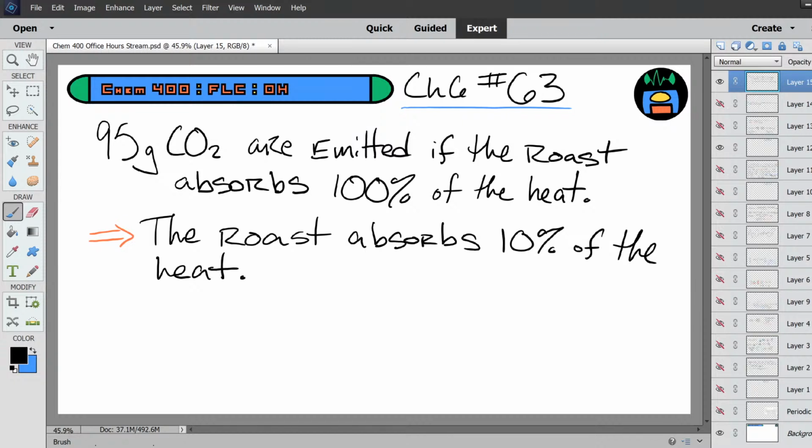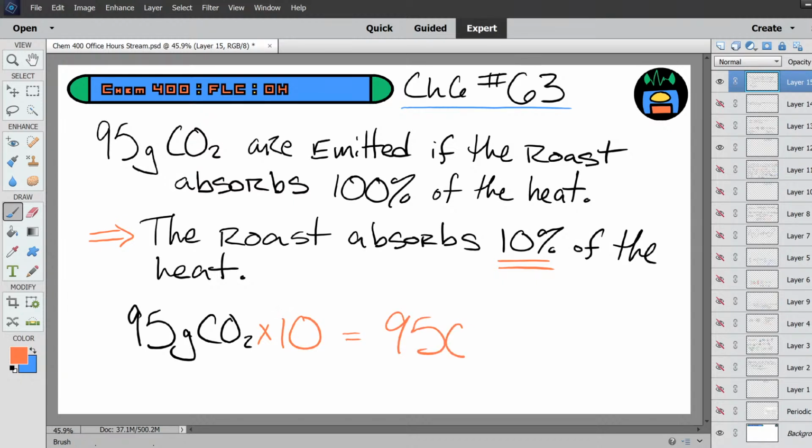So if it's only absorbing 10%, that means we need to take our 95 grams of CO2, and if we want to know how much is going to get emitted when it's only absorbing 10% of the heat, we've got to multiply this by 10.